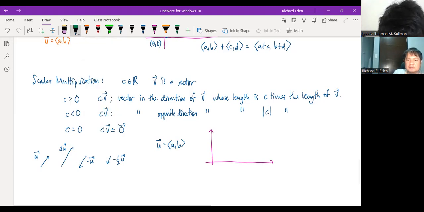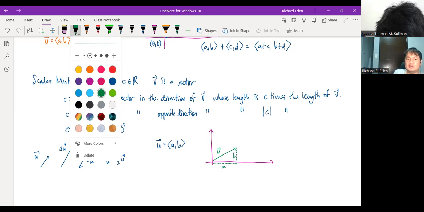And say this is the vector u with those components. And for ease of following the argument, here's assuming this points in the first quadrant when drawn starting from the origin. So that means A and B are both positive. So the right triangle formed here has those dimensions A and B.